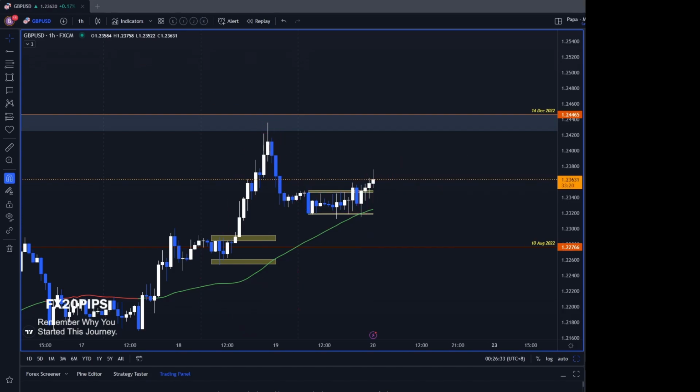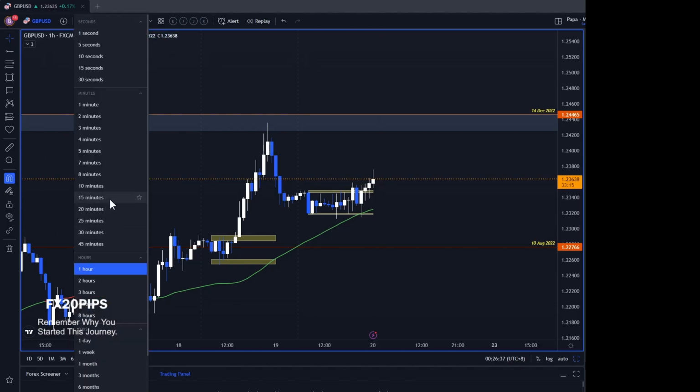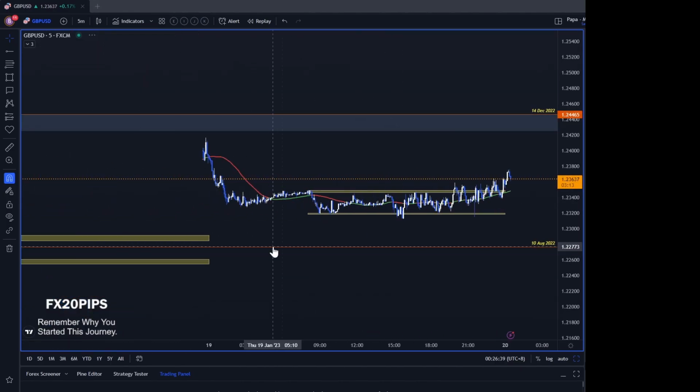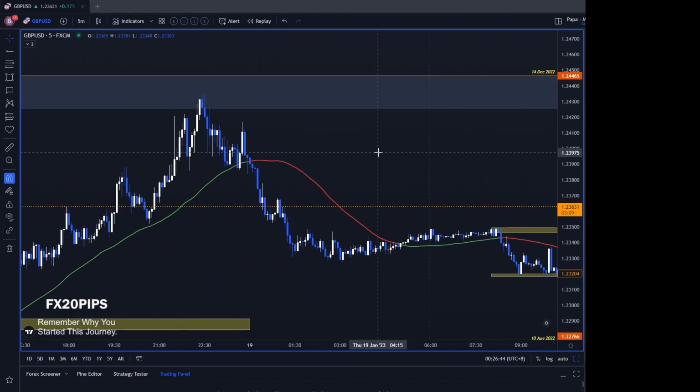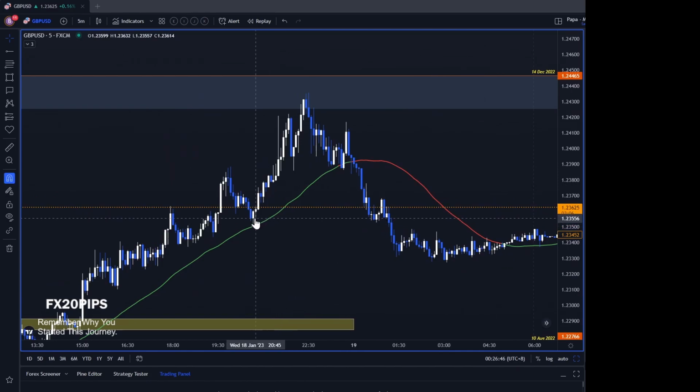Now let's go down further to 5 minutes. I'm just going to briefly touch on yesterday when the price moved up to the block.